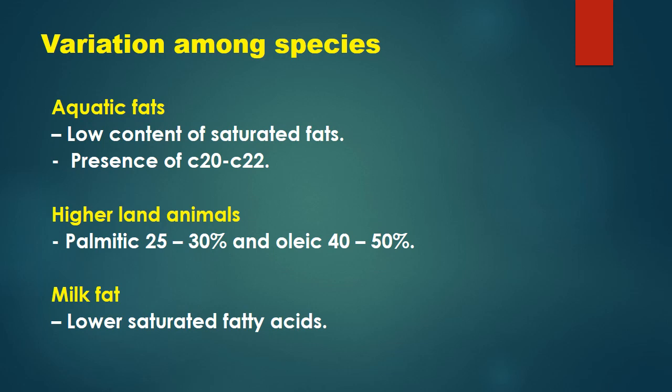In case of higher land animals, the animals of big size on land, the common fatty acids are palmitic 25 to 30% and oleic 40 to 50%. I mentioned earlier that palmitic and stearic are the saturated ones, and palmitoleic and oleic are the unsaturated ones.